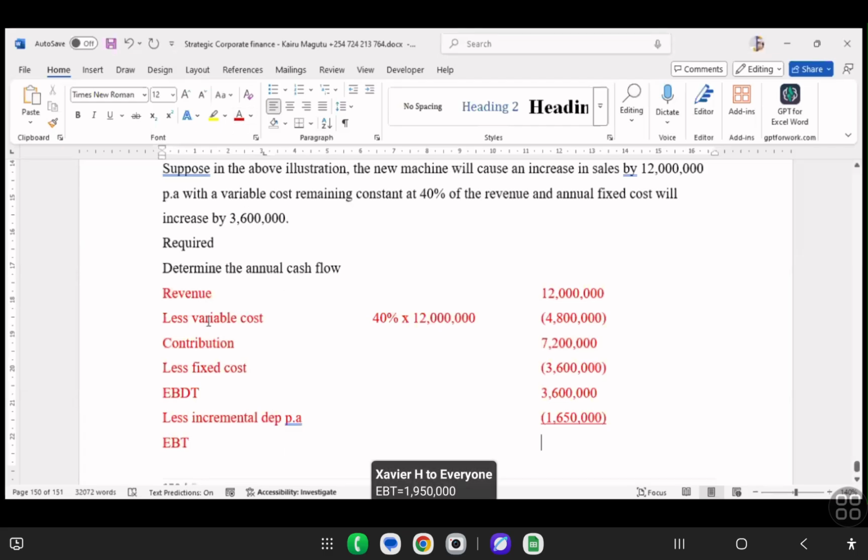How much is it, please? Earnings before tax. 1950. I see someone give me 1950.